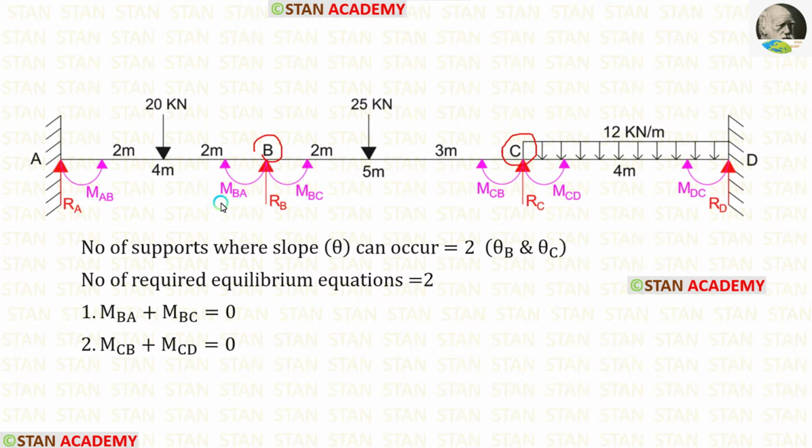In joint B, we are having two moments, MBA and MBC. When we add these two moments, it will be 0. In joint C also, we are having two moments, MCB and MCD. When we add both of them, it will be 0. In this analysis, we needed two equilibrium equations, and we have formed them.